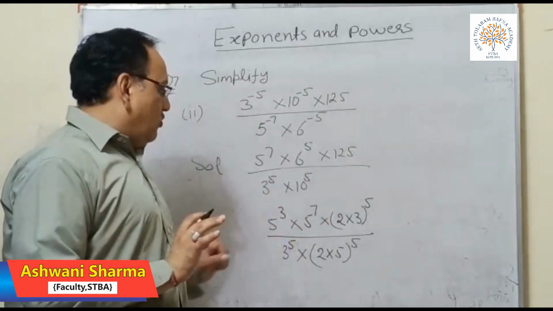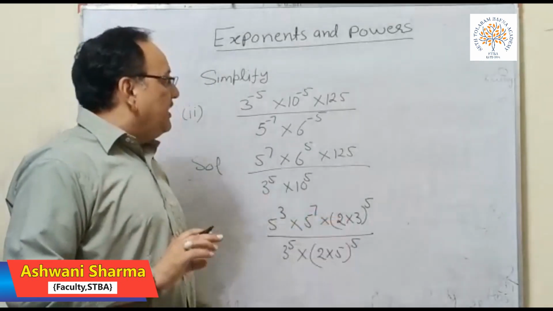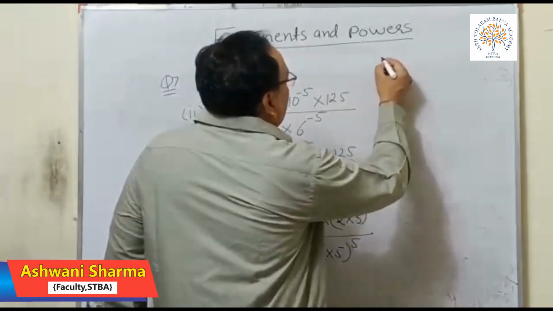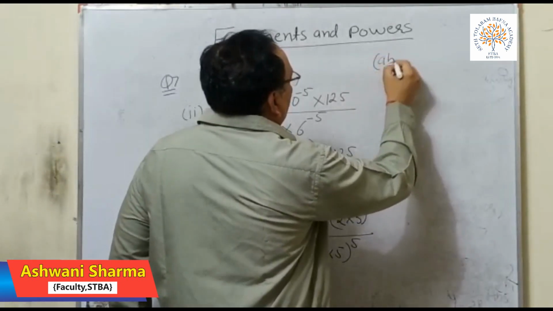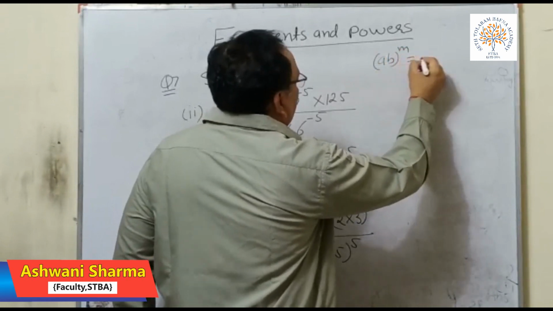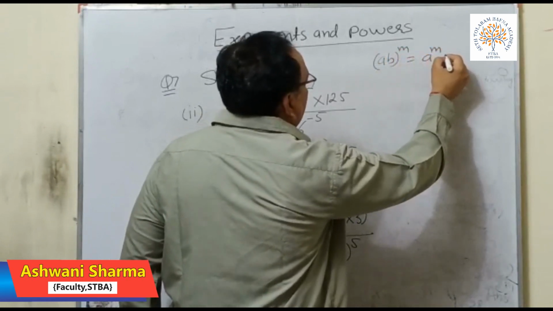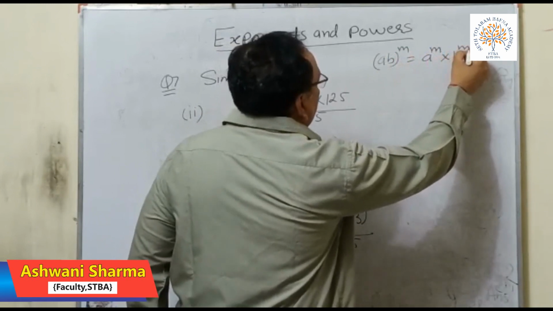Understand? Now, here we use the property. Which property? A into B whole power m, we can write it as A raised to the power m into B raised to the power m.